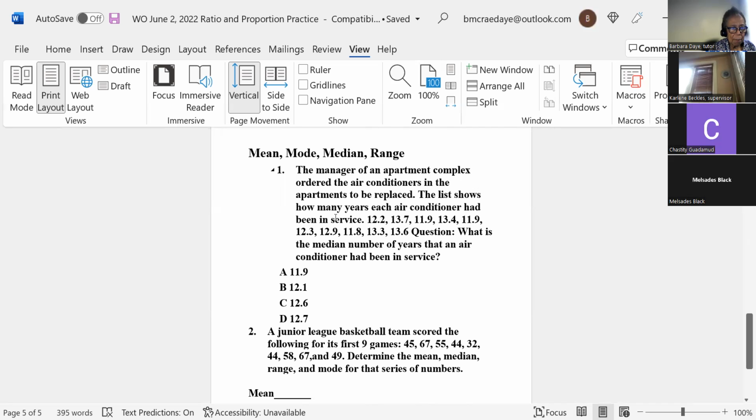The manager of an apartment complex ordered the air conditioners in the apartments to be replaced.